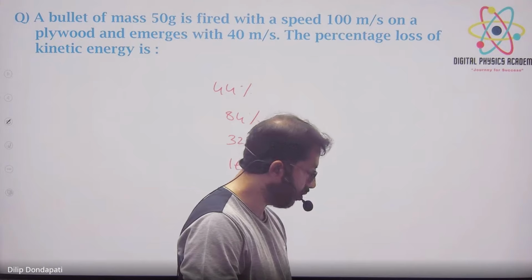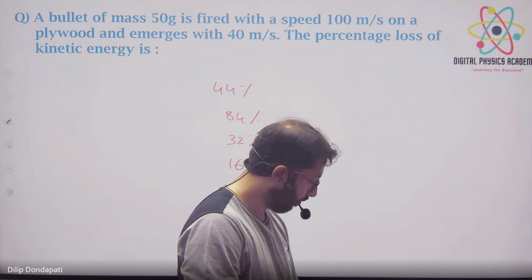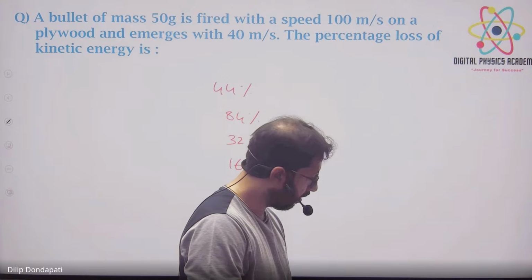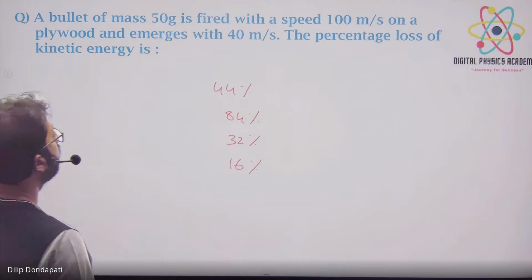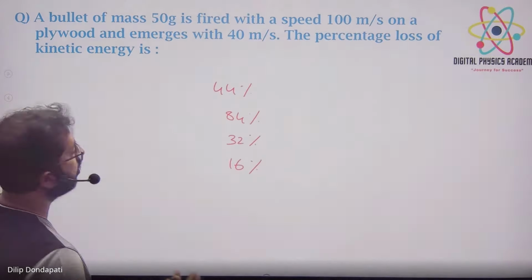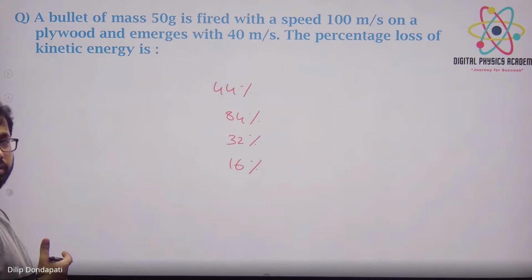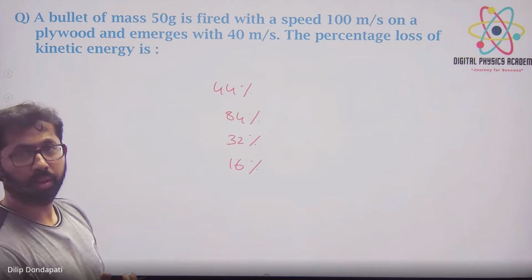So can I know options once? 84%. Sir, I get 84%. Yes, 84%. 2024. Initial velocity also given. Final velocity also given. Percentage change, change by original into 100.